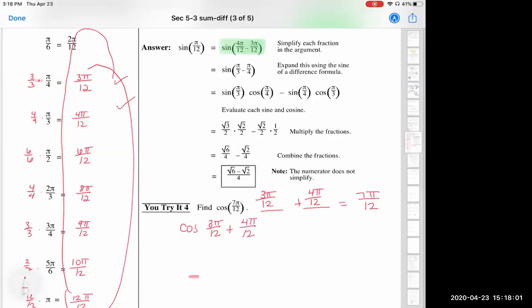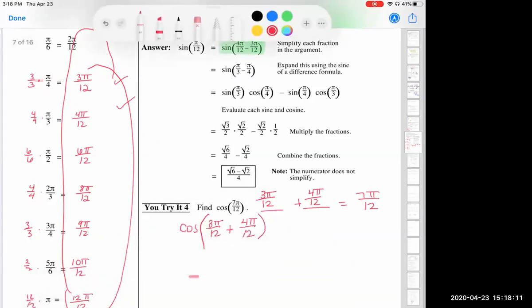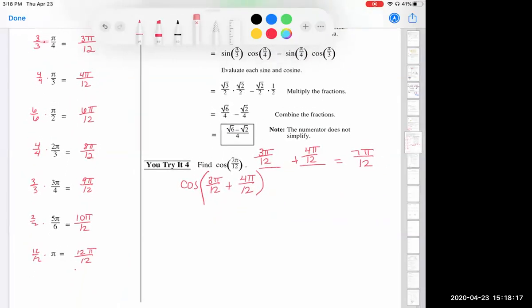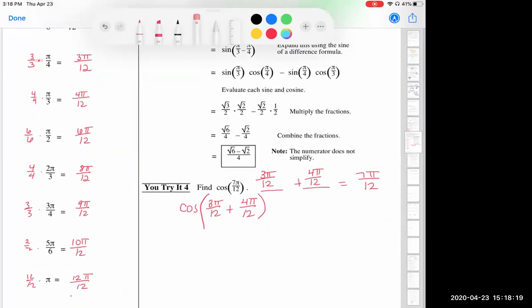And now I can use my cosine sum formula. And I'm going to erase that circle. So maybe this is worth having, right? So you can easily work through it. All right, so we have cosine of 3 pi over 12 plus 4 pi over 12.